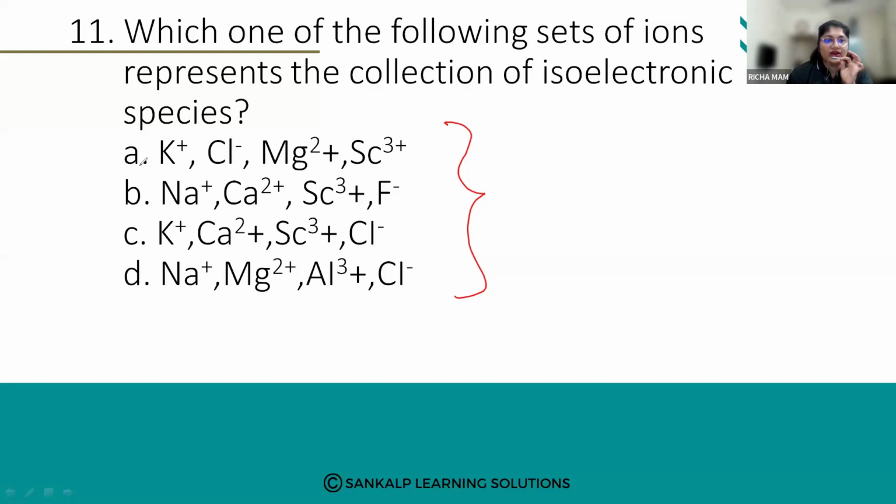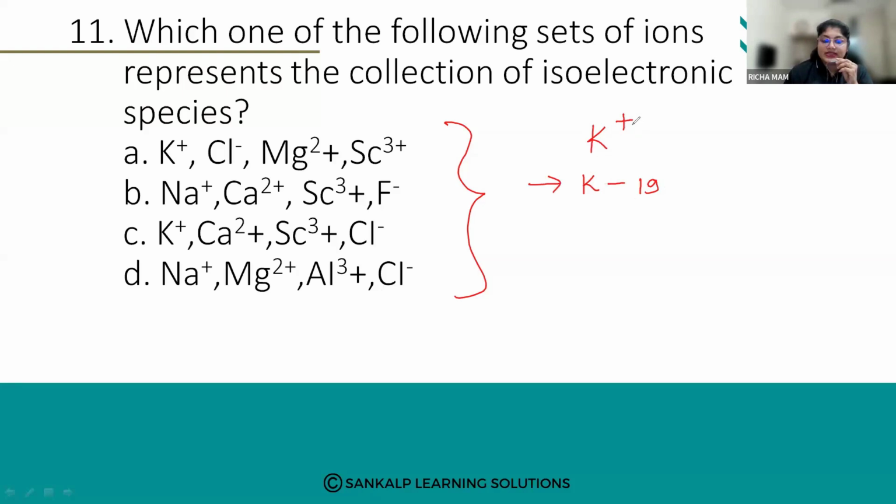Let us find out. K plus: can anybody tell me the atomic number of potassium? Yes, 19.